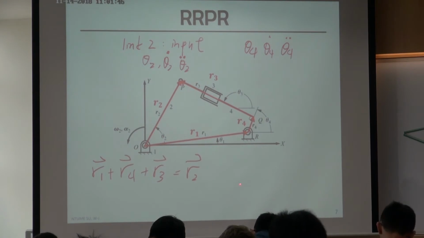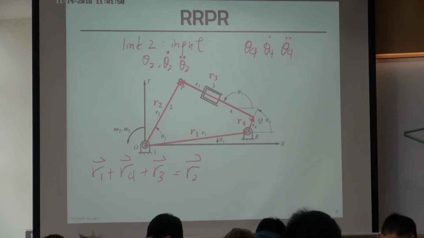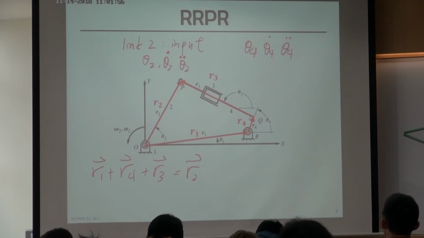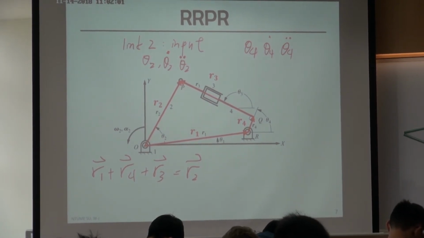We can obtain two scalar equations from this vector equation. One thing we need to make sure is that, with two equations from this vector loop, we only have two unknowns.